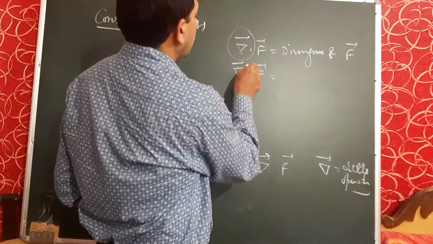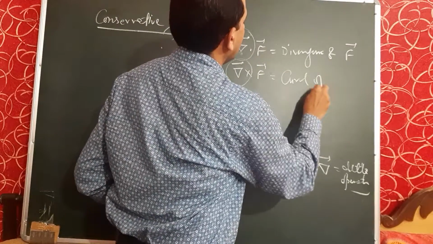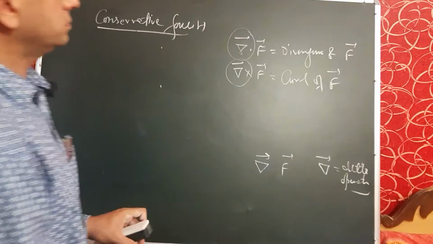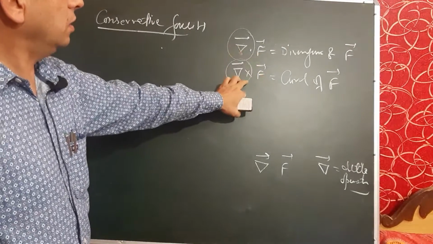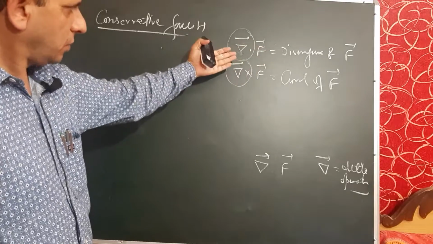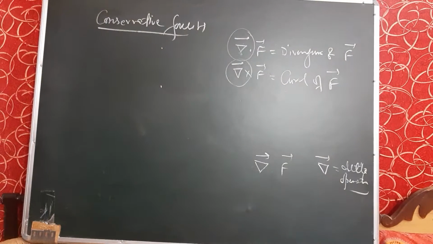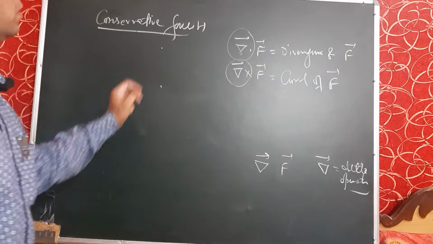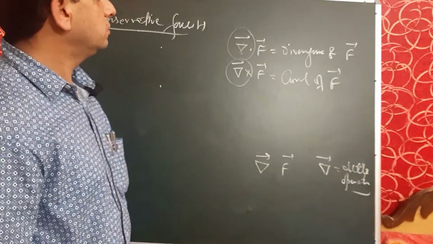If it is del cross, then it is called curl of force. So, this is divergence, this is curl. Mathematically there is no main difference, but physically there is much difference. So del dot is called divergence and del cross is called curl.